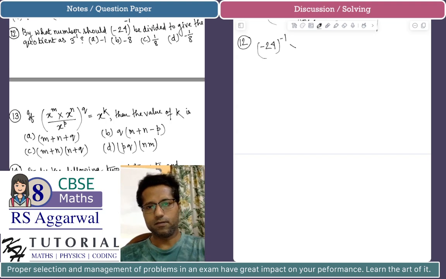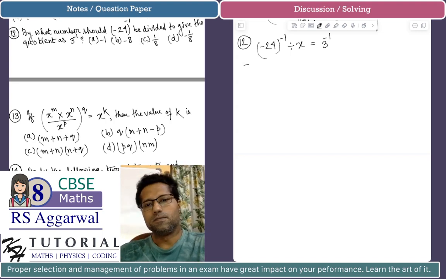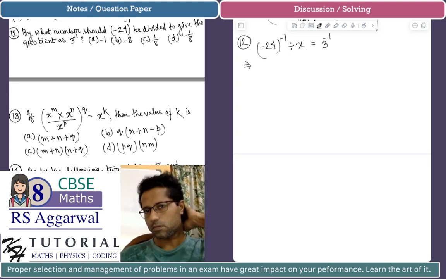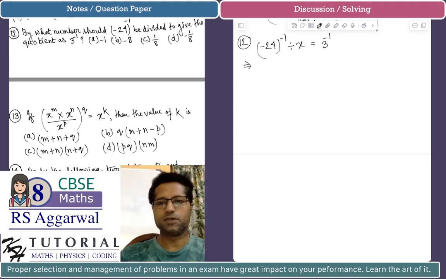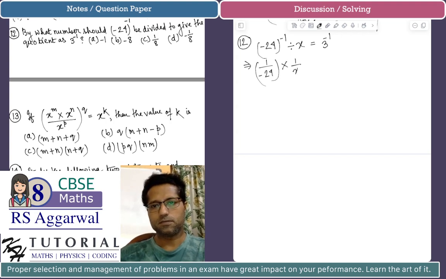Let's say the number is x. It will give a quotient of 3 raised to the power minus 1, which means the reciprocal of 3. Now, the reciprocal of minus 24 is 1 by minus 24. And dividing by x means multiplying by the reciprocal of x, that is 1 by x, which is equal to the reciprocal of 3.